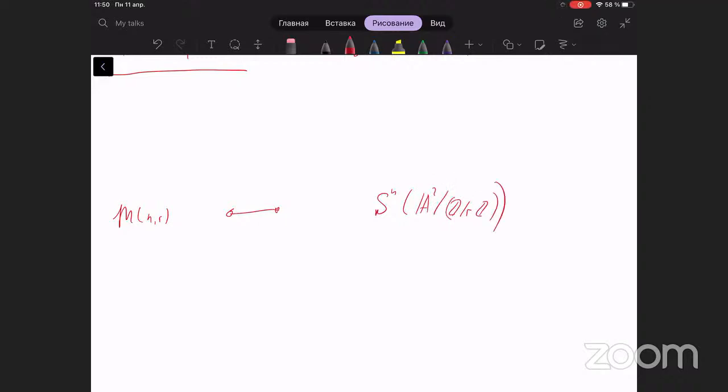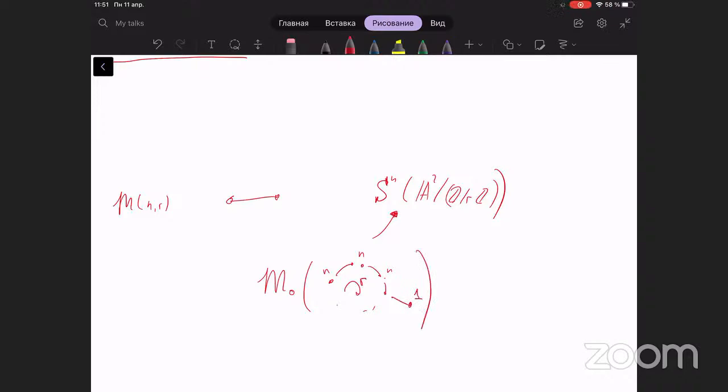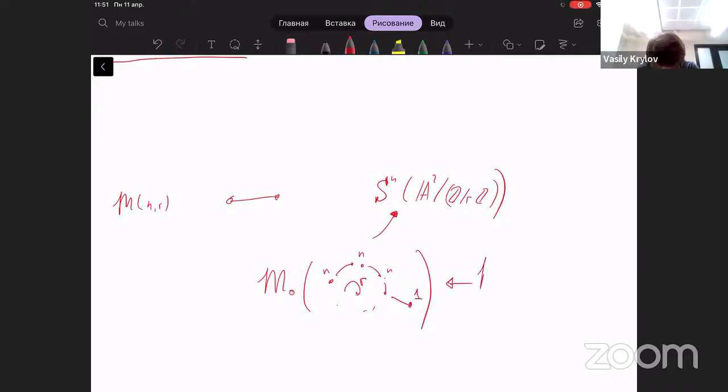Yes, but actually this space has also, and this is something special about the ADHM space, a realization as a Coulomb branch. So this is a Coulomb branch M_0 corresponding to the following quiver. You have a cycle, you put n everywhere, you have r vertices, and you have one-dimensional framing. And then you can resolve it by the corresponding quiver variety.